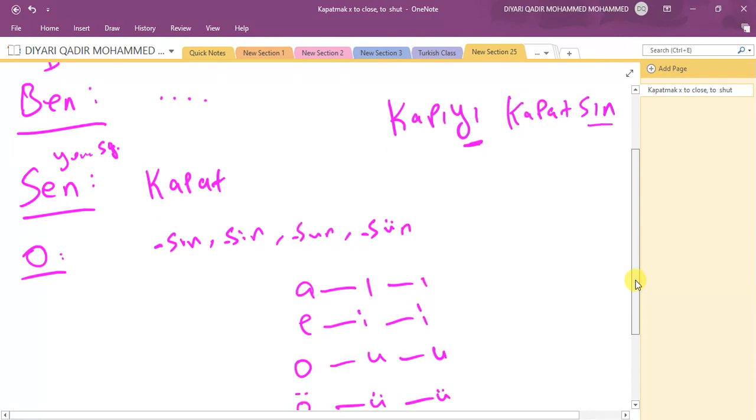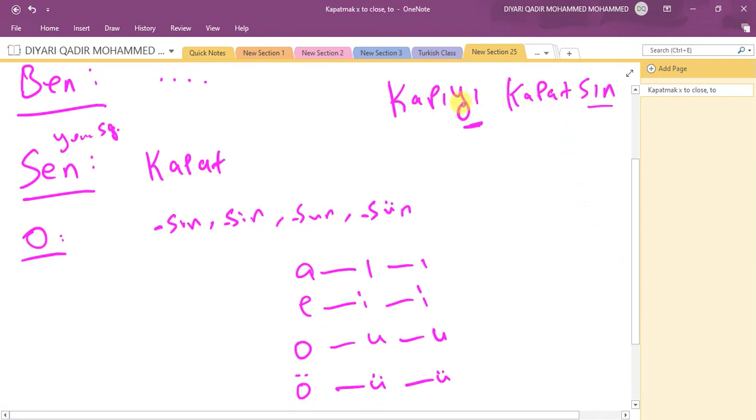Look, in kapıyı kapatsın, I selected this one. Why? First of all, this sın has ı, and we have e, ö. We have the man letters and the woman letters. In the man letters, we had kapıyı kapatsın.